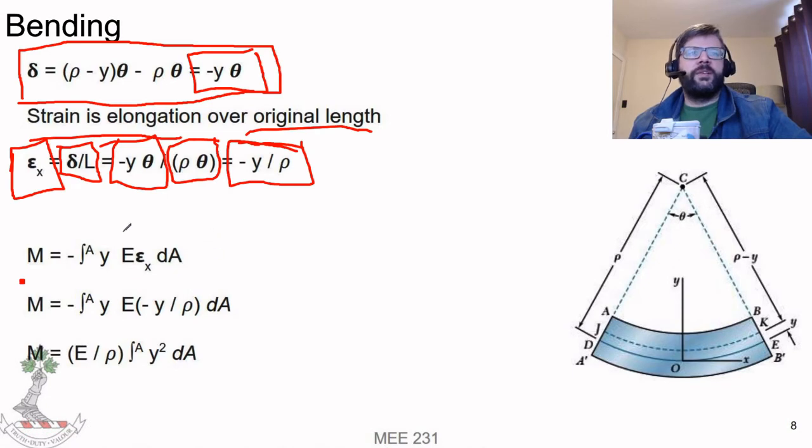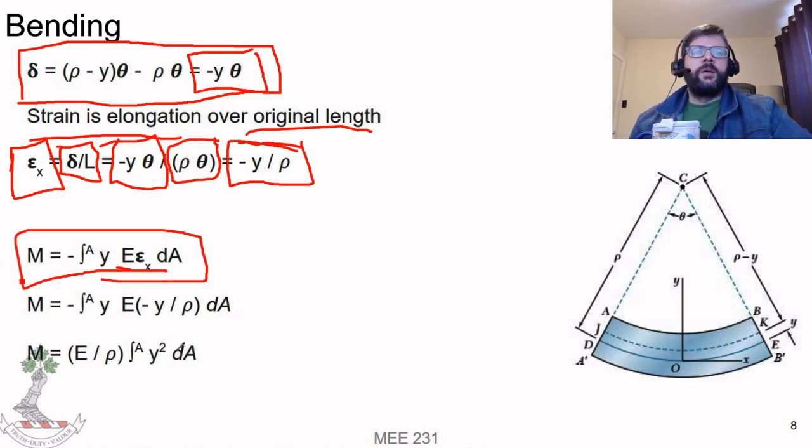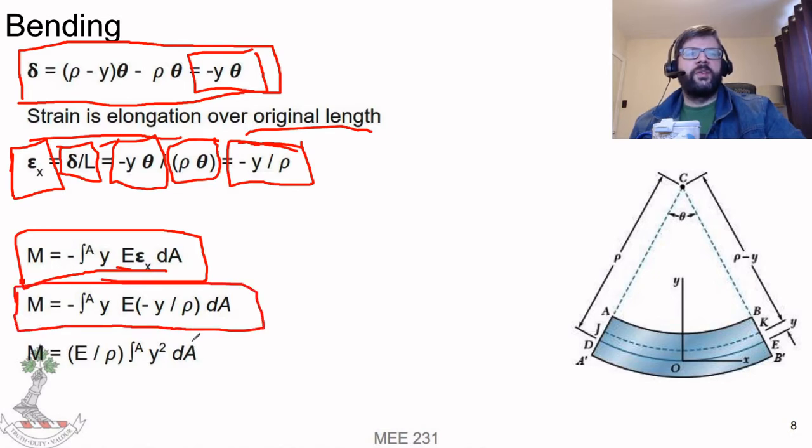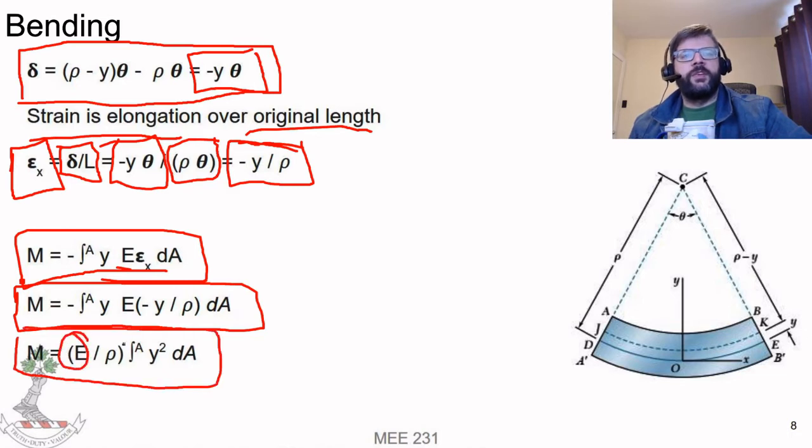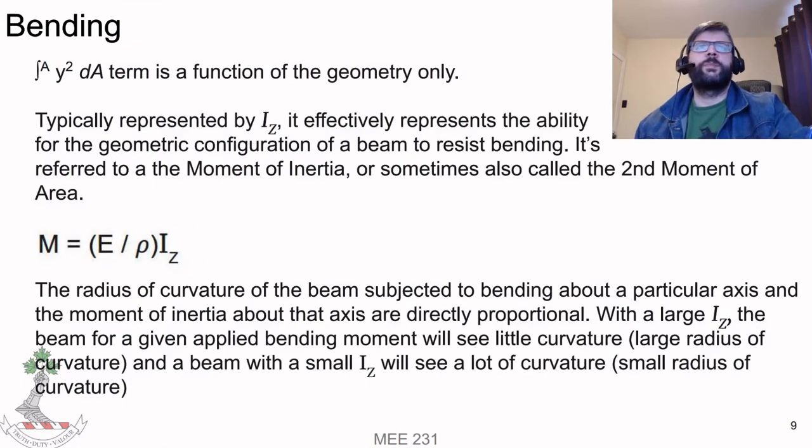We can plug that into this equation here, and we can basically find the relationship between the moment, the Young's modulus, the radius of curvature, and this thing here, the integral of y squared dA. That's a function of the geometry, specifically a function of the geometry of the cross section only.